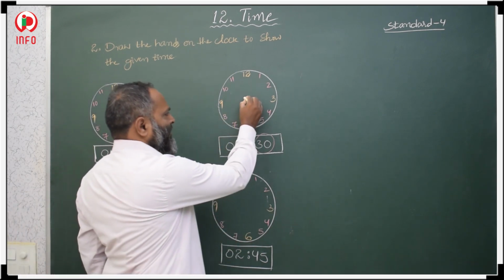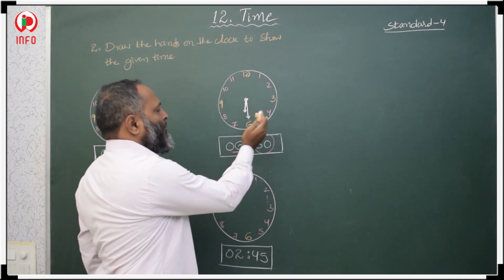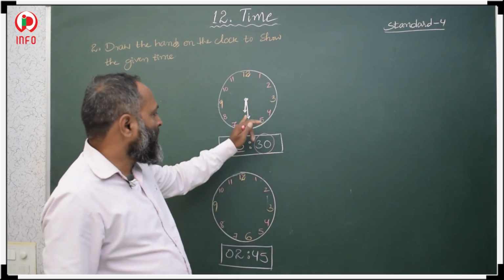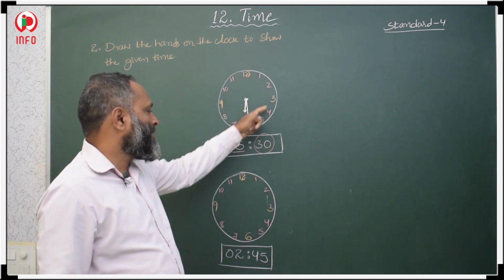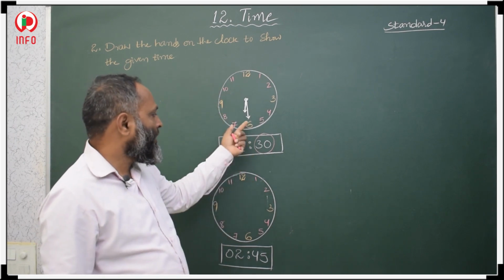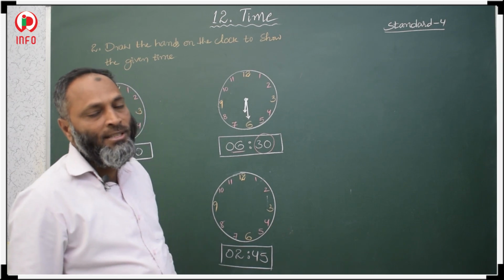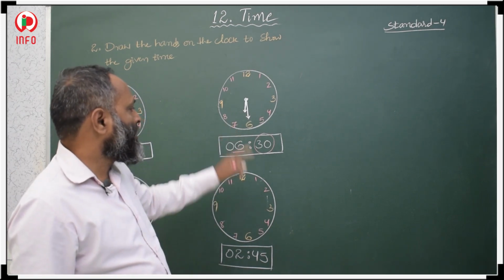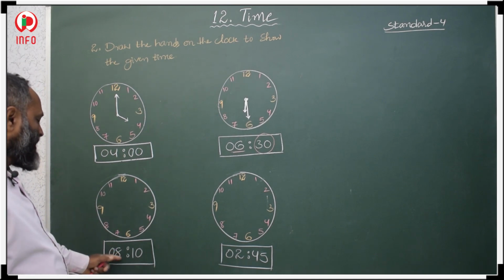The hours hand slightly moves from 6. Why? Because the minute hand rotates 30 minutes, so the hours hand also moves half of the way from 6. That means it is in between 6 and 7. This is 6:30.